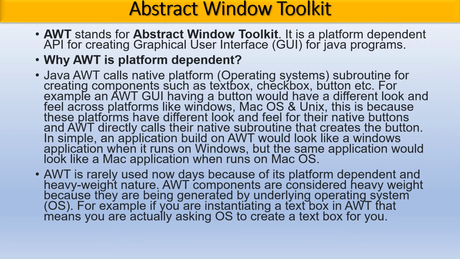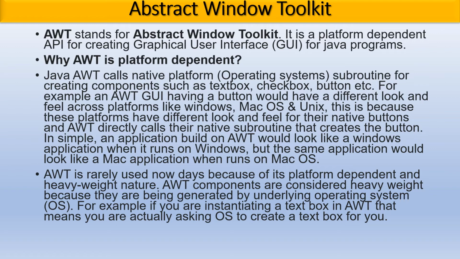Next thing we have to understand is the Abstract Window Toolkit. What is that? It stands for Abstract Window Toolkit, and it is a platform dependent API for creating graphical user interfaces, that is GUI, for Java programs.